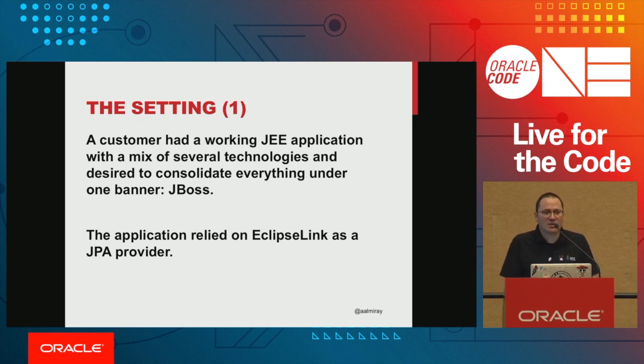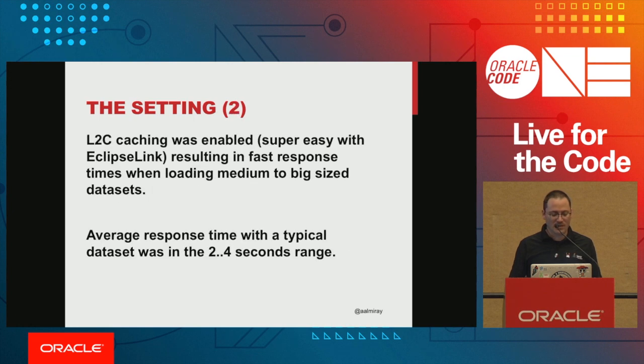The JPA provider they used to use in the past was EclipseLink, and EclipseLink gave them a lot of benefits. For example, the second level cache is enabled by default in EclipseLink, and setting it up is very easy. I think you only have to annotate the classes that you want to see cached, and you can take all the defaults.